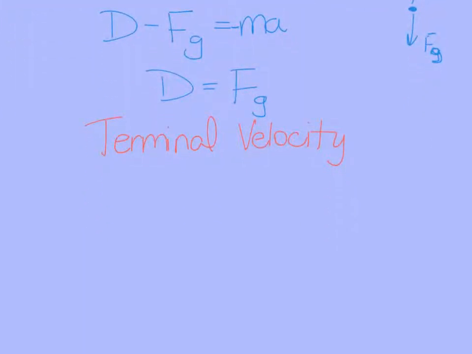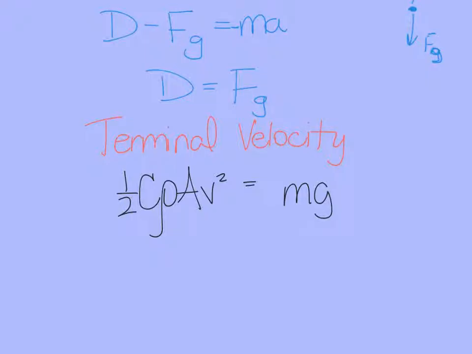For starters, we know that the drag force is equal to 1/2 c rho a v squared, and we know that has to be equal in magnitude to the gravitational force, or m times g.